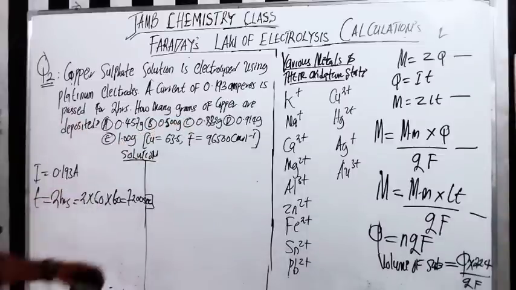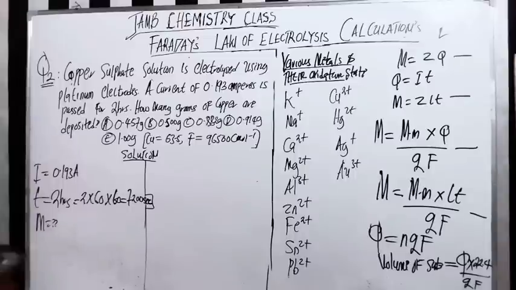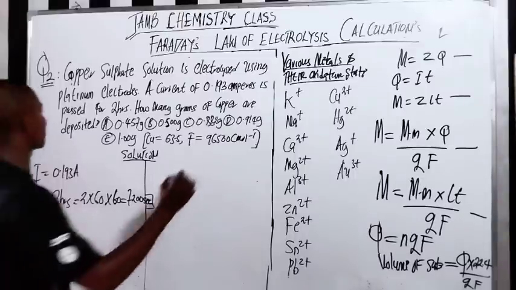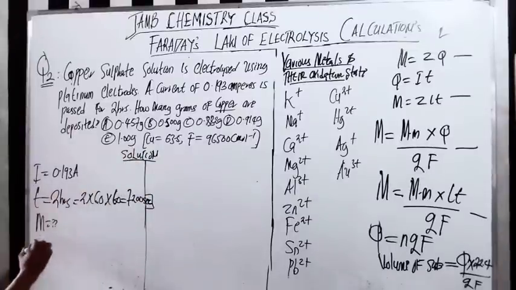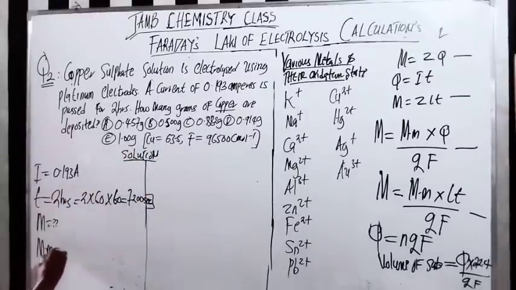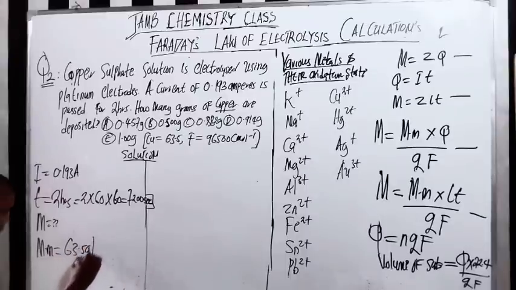Now they ask how many grams, so you are being asked to calculate the mass. If you check very well, it's copper. So the atomic mass of copper, which is the molar mass of copper here, is 63.5 grams per mole.